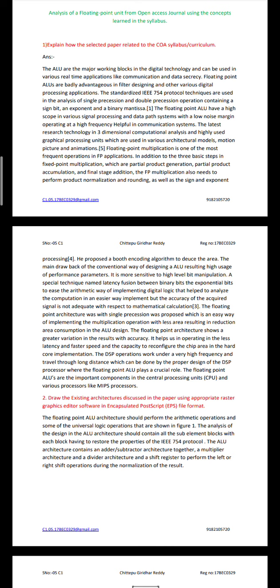Floating point ALUs are very advantageous in filter designing and other digital signal processing applications.